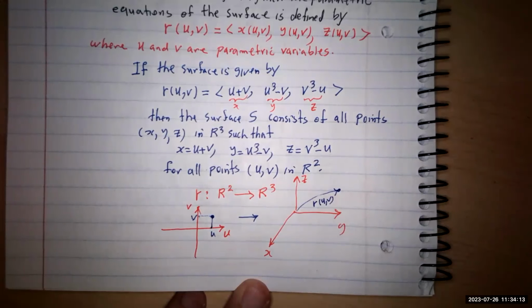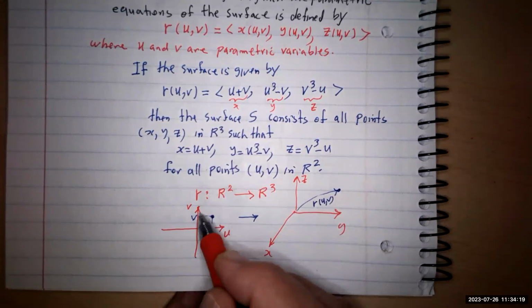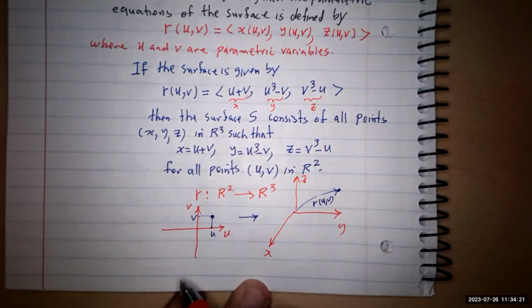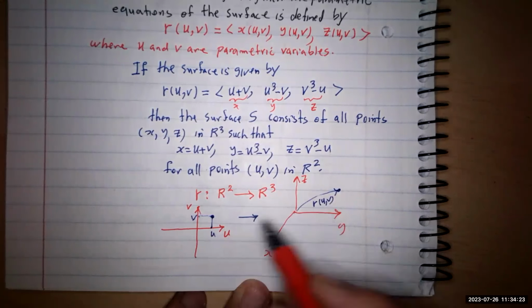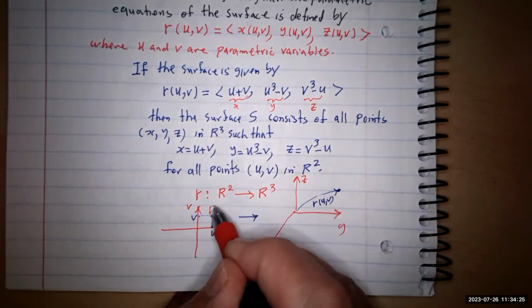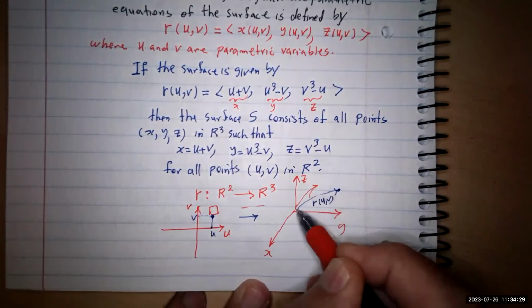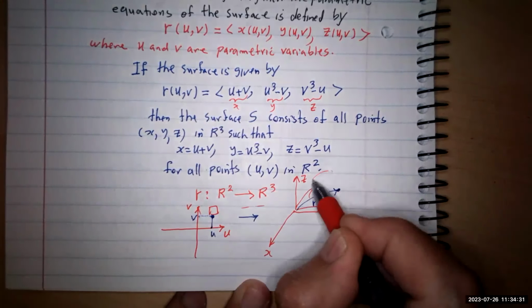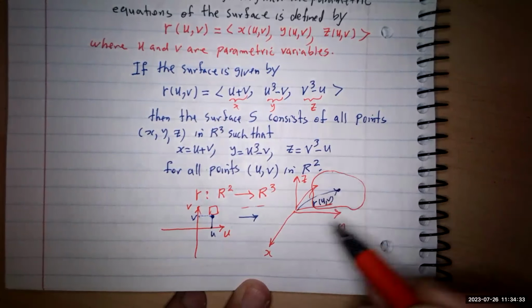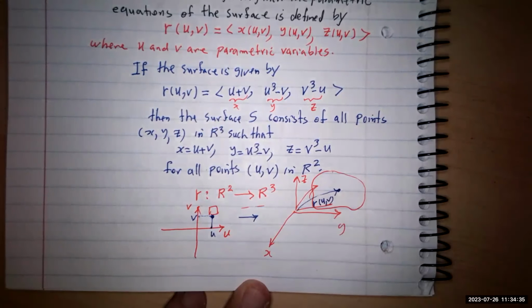If you pick more points, you get a collection of points. That collection of points, if this is the region that we extend, would move in different places and eventually give you a surface here.